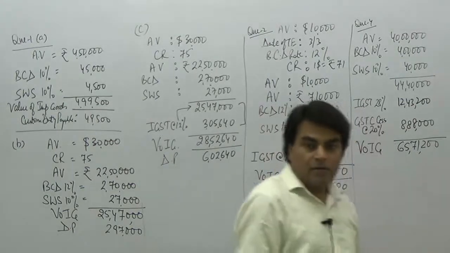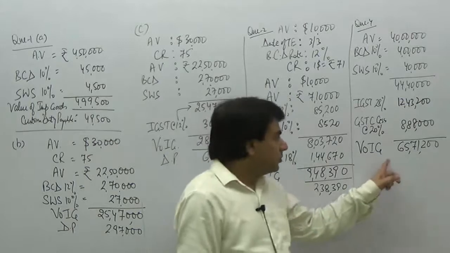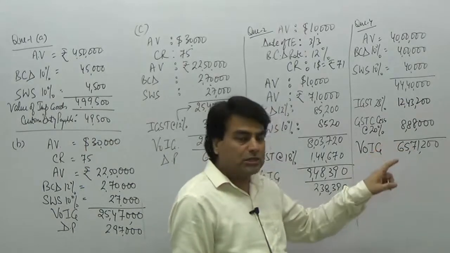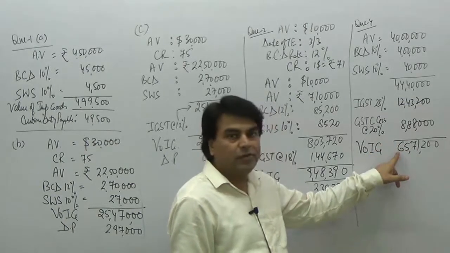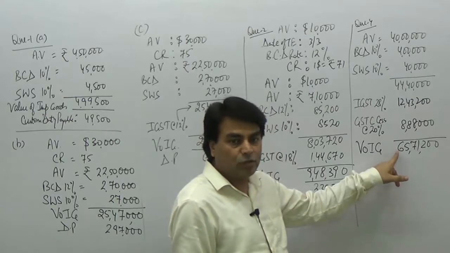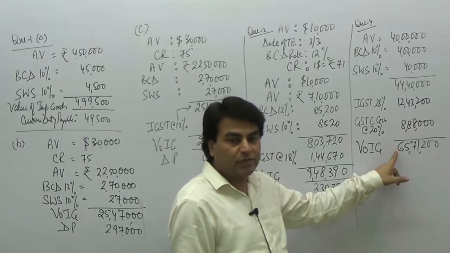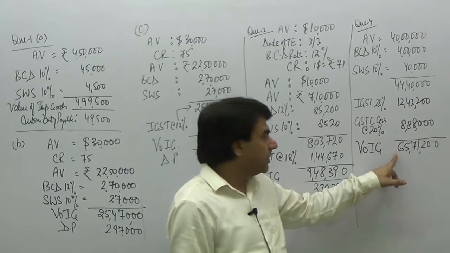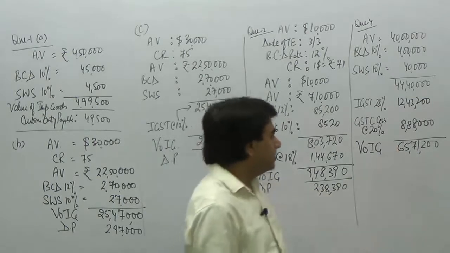Okay, in the solution instead of 65 it is coming as 55. Please take it as 65 only. That would be a printing mistake. Take it as 65. Okay.